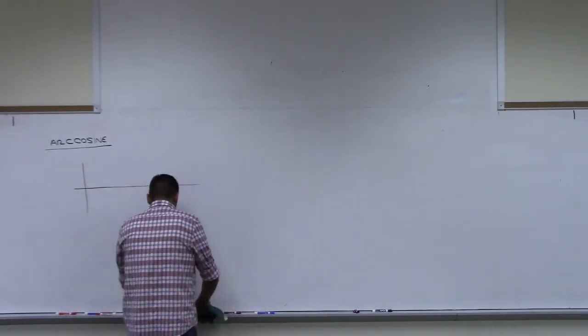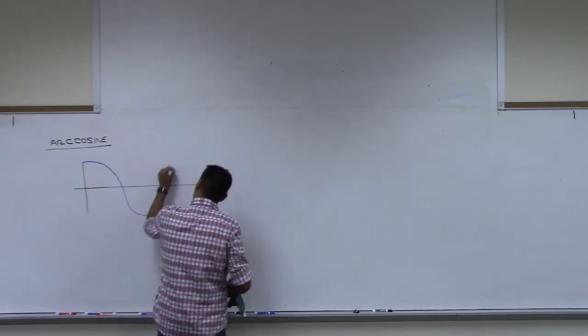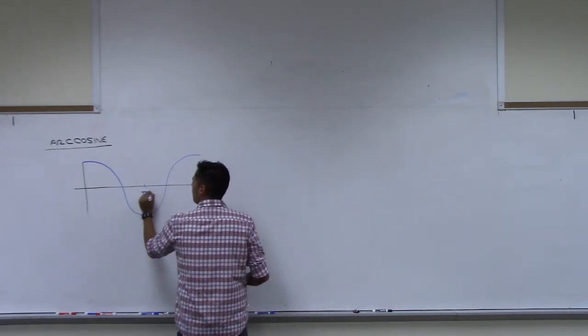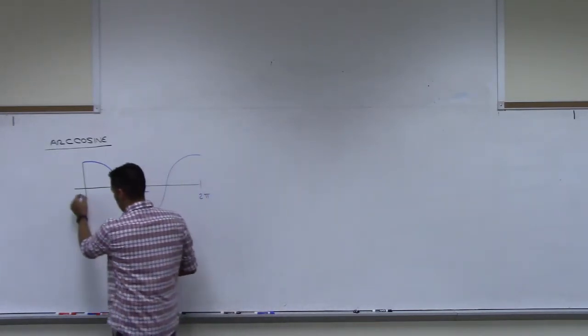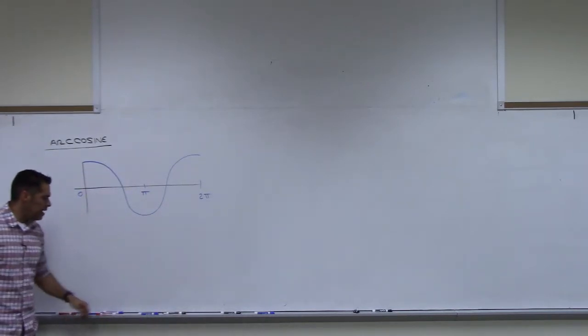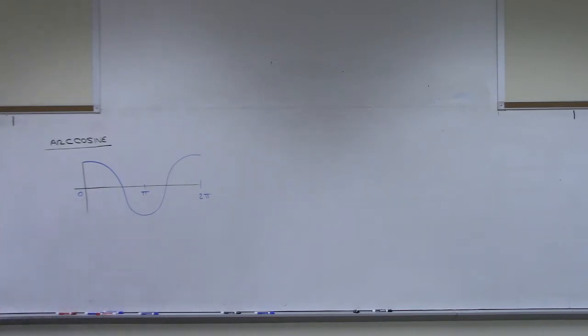Now here's our standard picture of cosine. We need to find a cut that's going to get us our entire range, that means everything between negative 1 and 1.